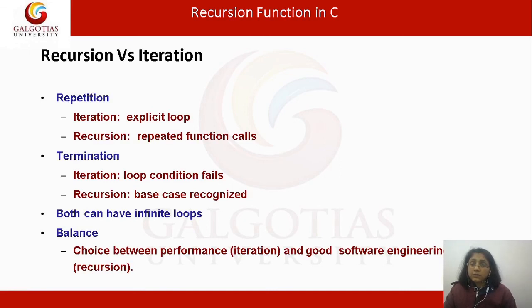In case of iteration, it is through an explicit loop, but in case of recursion, it is repeated function calls. In case of iteration, it terminates when the loop condition fails. In case of recursion, it terminates when the base condition is met.